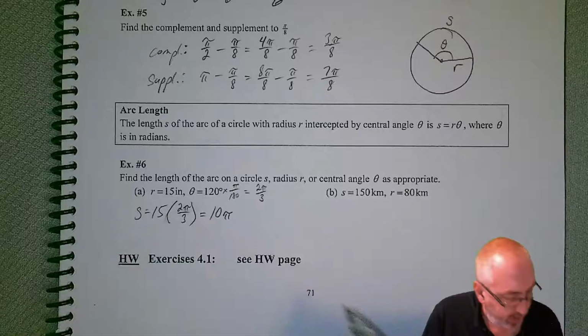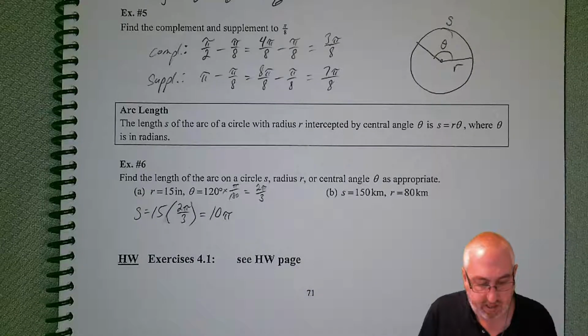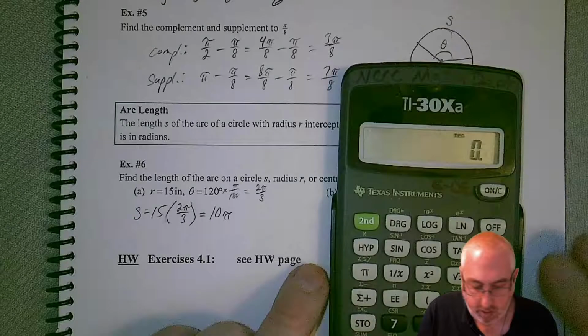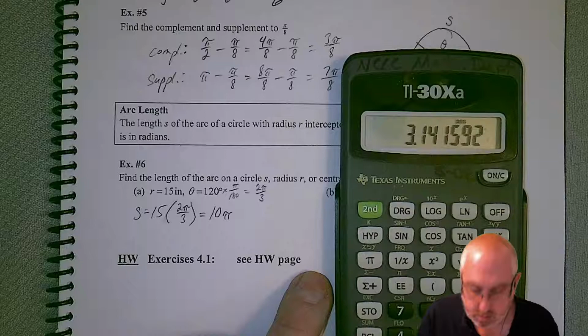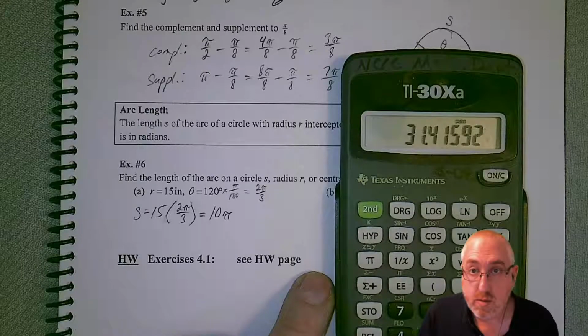So 10 pi. Well, let's get a decimal. No point in leaving it in terms of pi. So 10 times pi. Well, 3.141592 is pretty close. Equals 31.4.